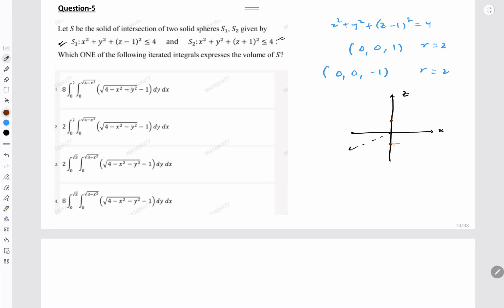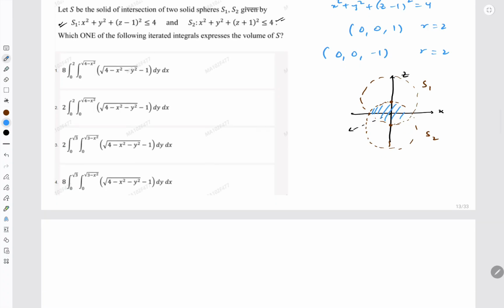The center of my second sphere will lie here, the first sphere here, but both of them will pass through this point. So this is my bottom sphere. This is my top sphere. This is sphere S1, this is sphere S2. Now this is their area of intersection.